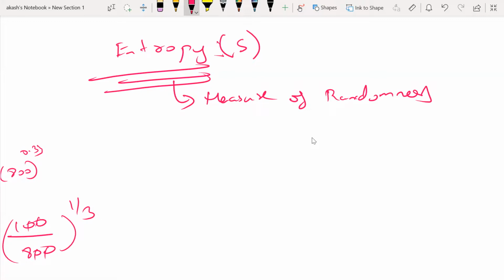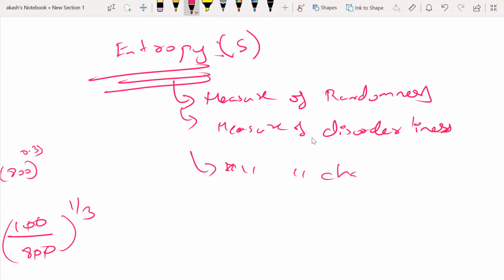In other words, entropy can also be a measure of disorderliness. Orderliness means everything is properly ordered. Disorderly means completely random. Or I can also say that it is a measure of chaos. What is chaos? Everything going haywire, everything chaotic, we say. So entropy is nothing but the measure of randomness.